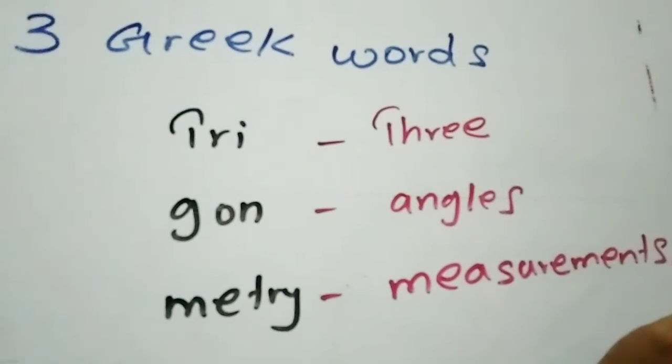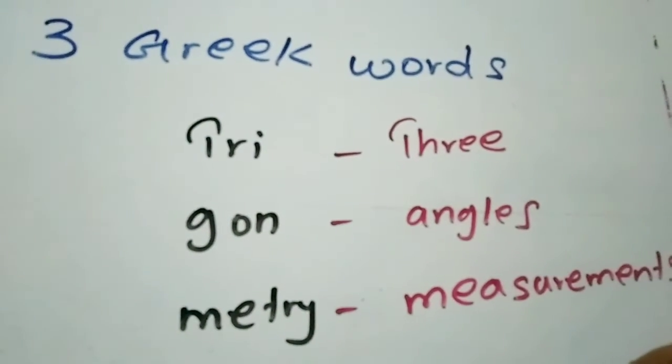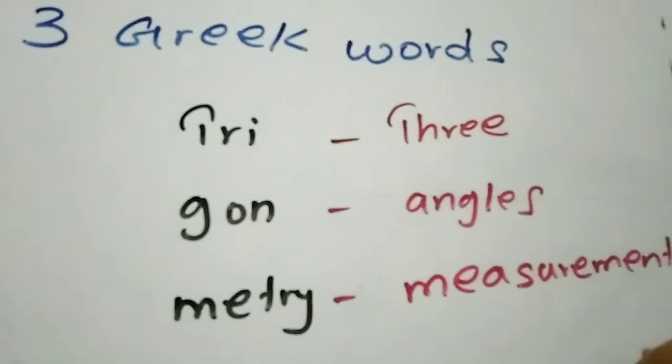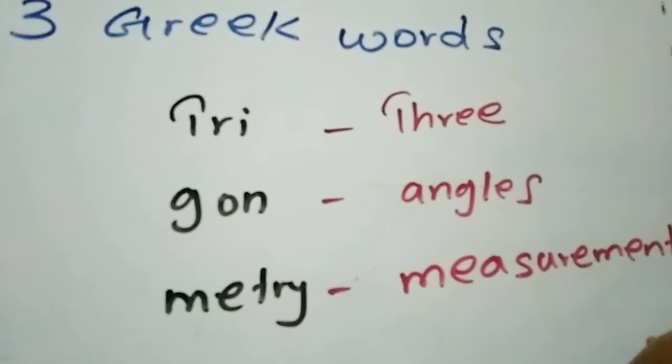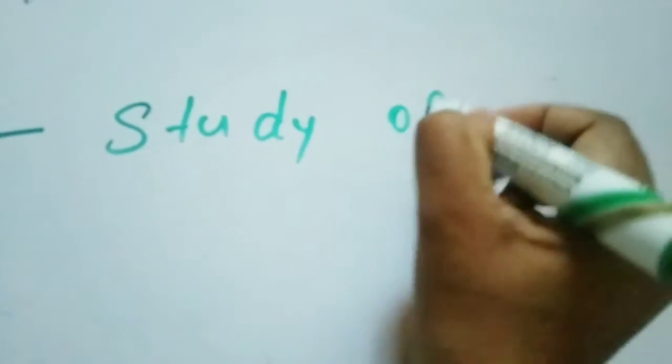Now you can tell the meaning of trigonometry. What is trigonometry? Trigonometry is the study of triangle measurements.